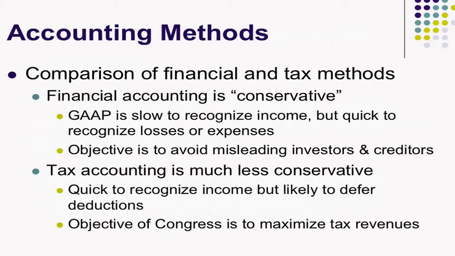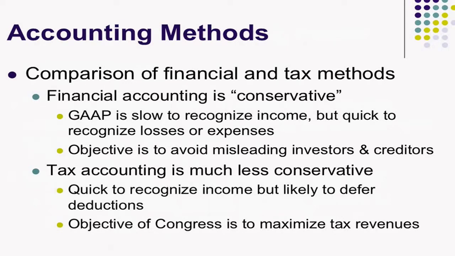And so they want to be conservative. They don't want to overstate income when they're doing financial accounting. They'll recognize losses as quick as they can, but income is very slow to be recognized. And the idea is we don't want to mislead our investors, our stockholders, or if we've got creditors, if we've got loans out there, we don't want to mislead them by looking overly well off, overly wealthy.